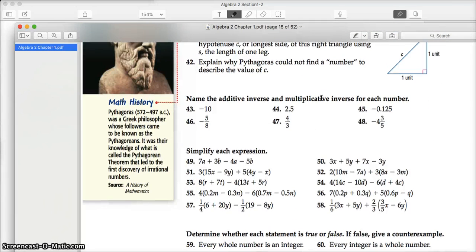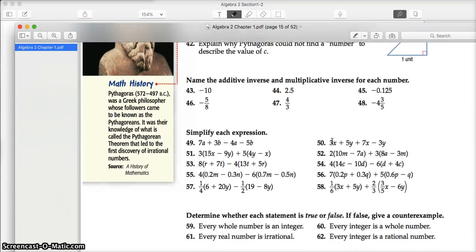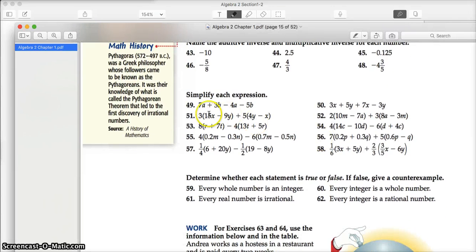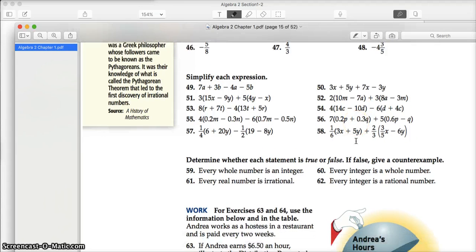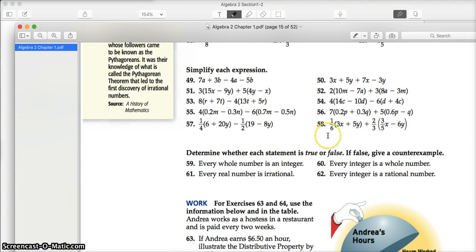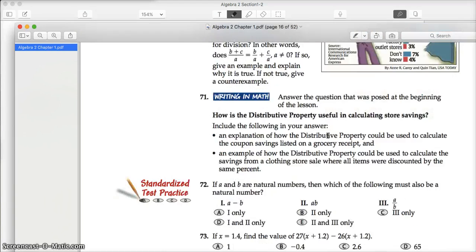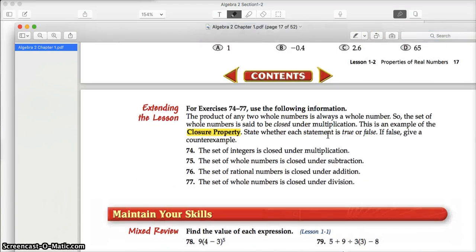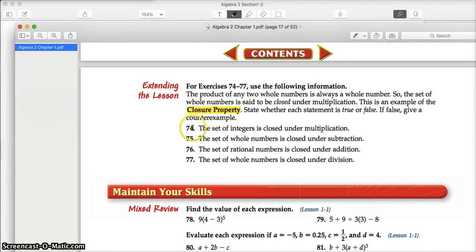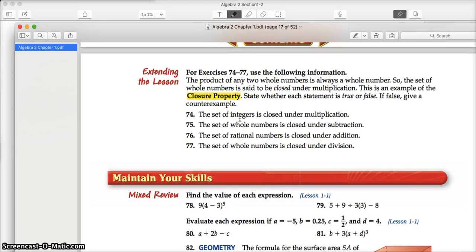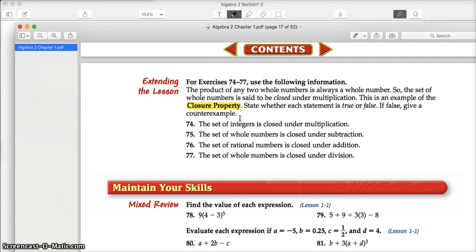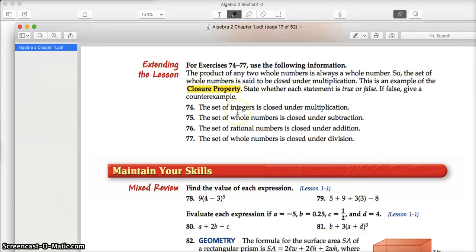And then we go on to talk about the additive and multiplicative inverses, something we did in example 3, I believe. And then we're simplifying, which is really a necessary skill to develop here, up to number 58. And then when we scroll down here and skip that page and go all the way over to page 18, we're looking at this kind of an extended lesson. So this is a little bit of deeper thinking. It's getting your brain thinking about deeper mathematics, and I want you to try hard.